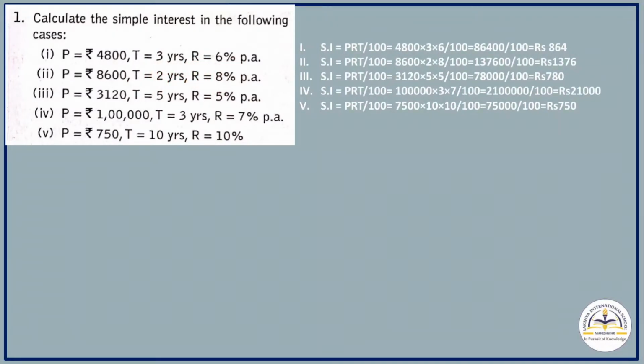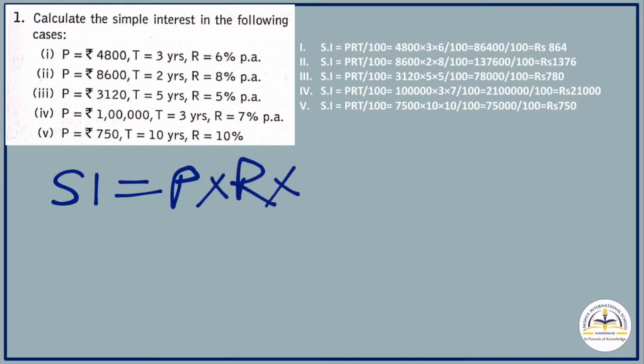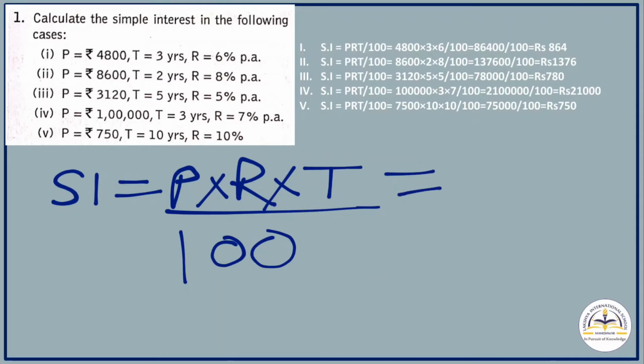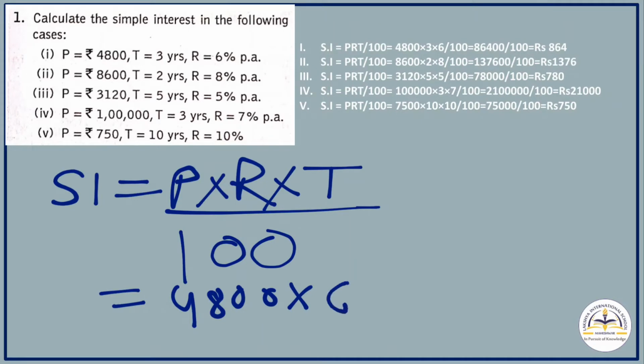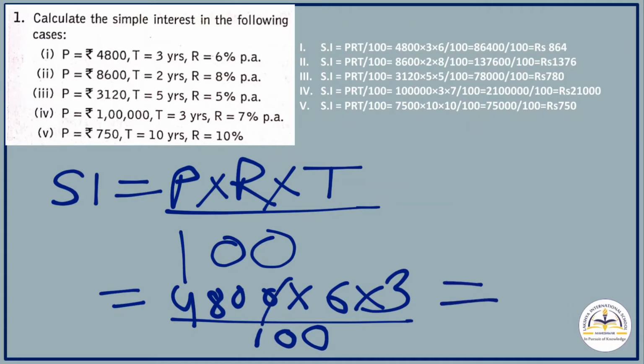As we know, the formula of simple interest is SI = P × R × T / 100. Here principal is 4800, multiplied by time 3 and rate 6, divided by 100 according to the formula.